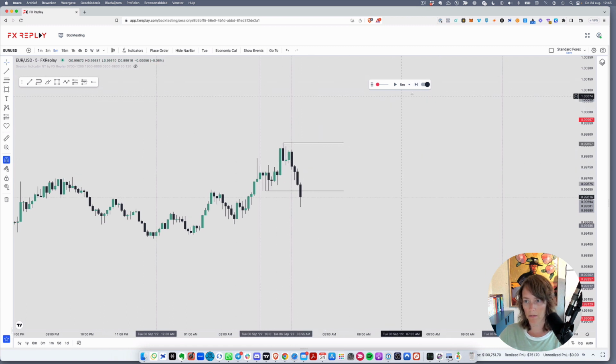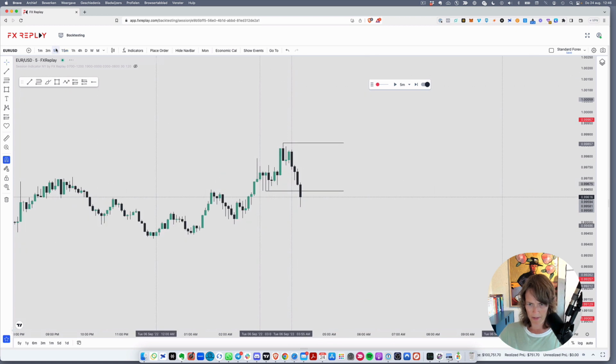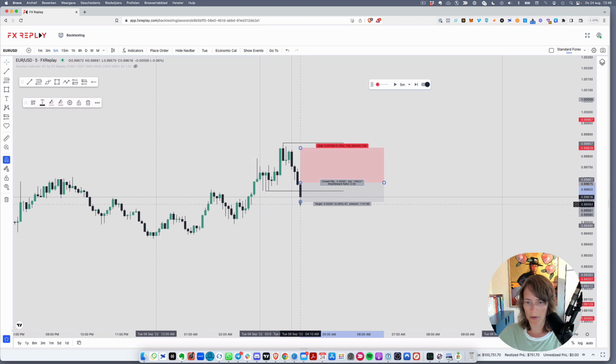It closed below. Let me see in the 15 minutes. Now we have a big fair value gap forming here. This is the start of the order block. Let me see how I would have played this. This looks like some sort of breaker. Well, I would just have chosen the first fair value gap, stop above here. That's how I would have played it.